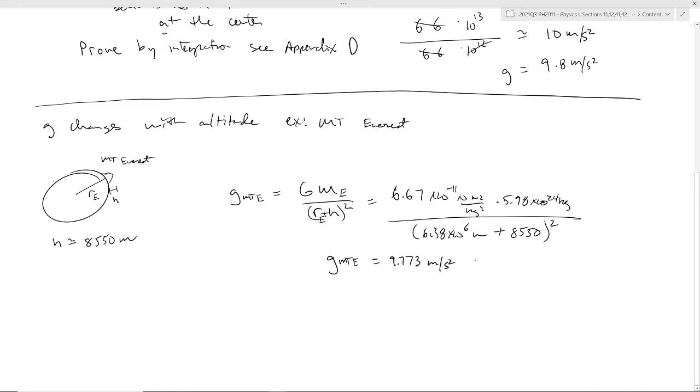So slightly less than our familiar 9.8 meters per second squared. You can think of this as being like at sea level.